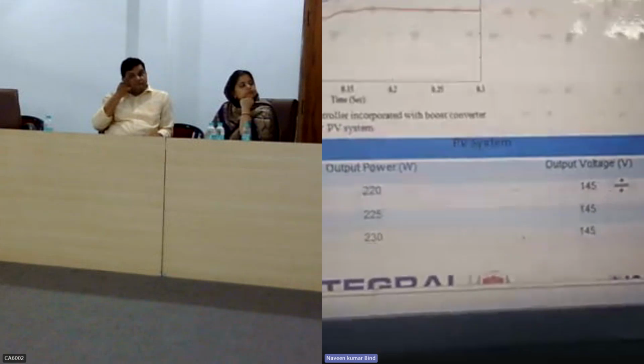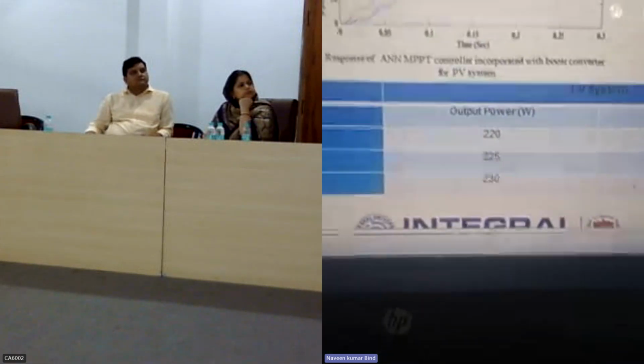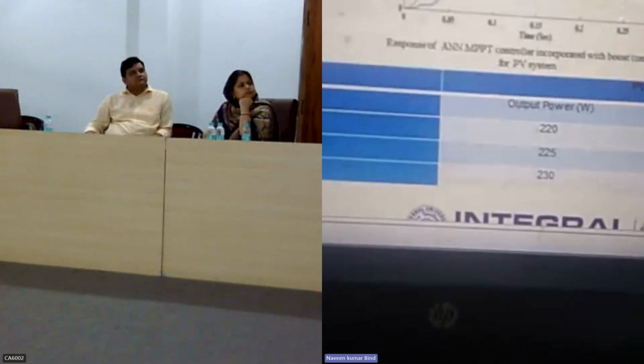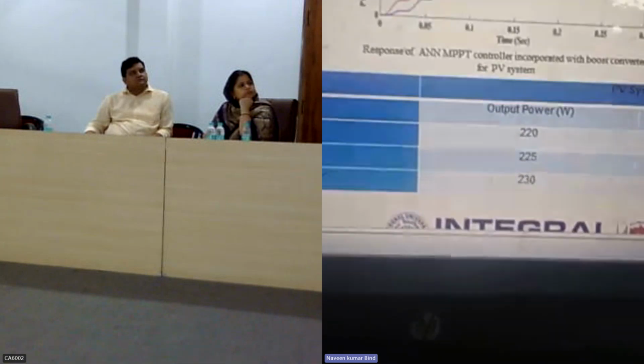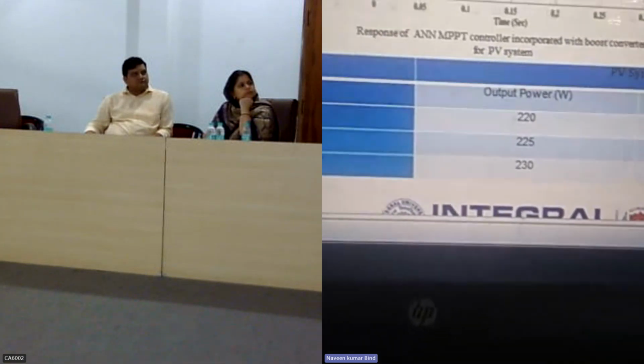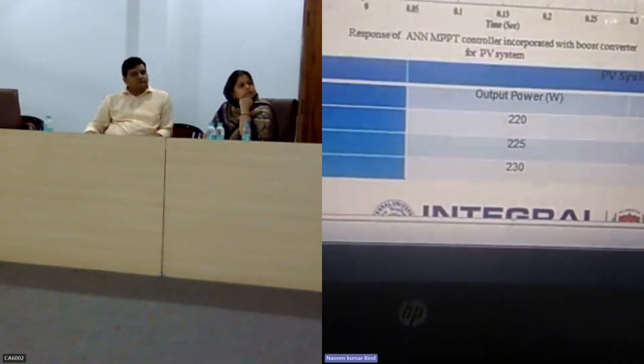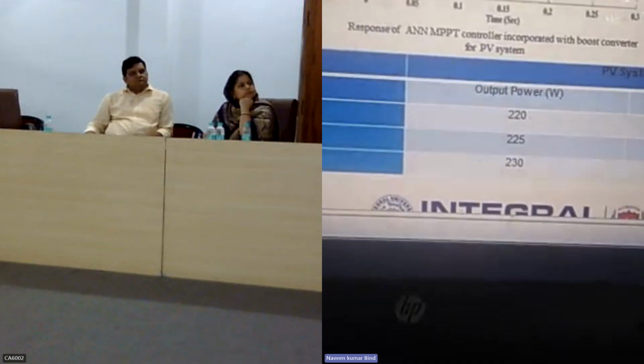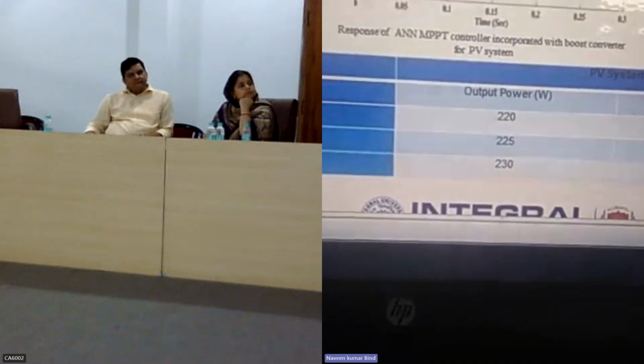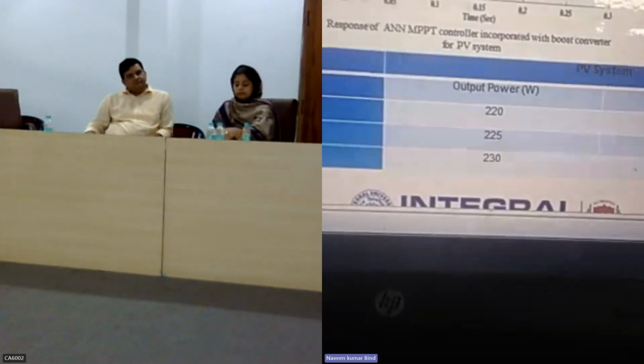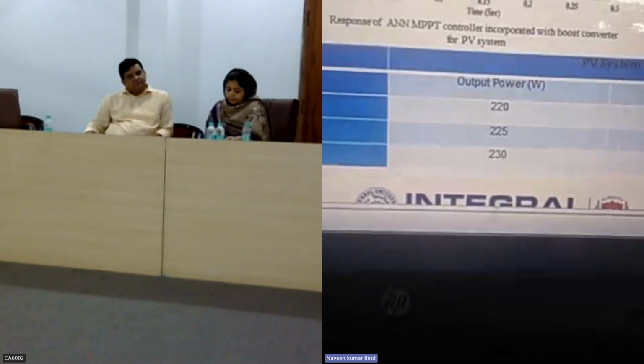In this table you can see the comparison. For getting a constant voltage of 145 volts out of all three algorithms, we found that NN, the artificial neural network controller, is giving the highest output power, that is 230 watts, P&O is giving a lower power, fuzzy logic is giving 225 watts, and NN is giving 230 watts.